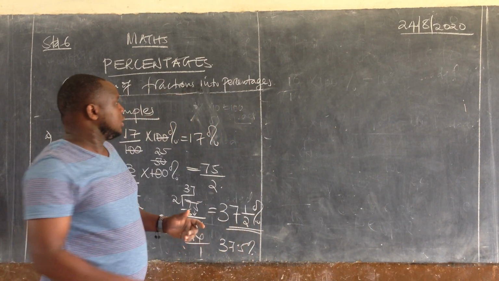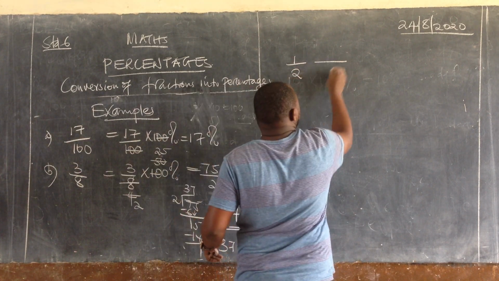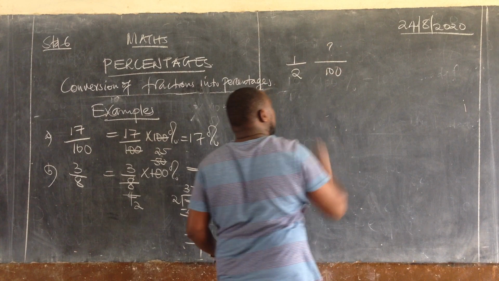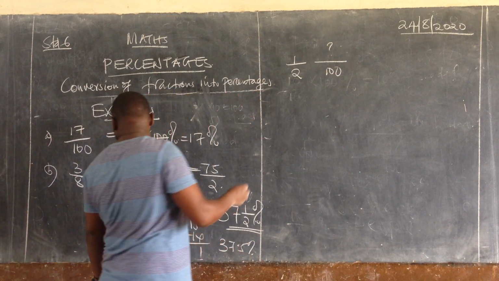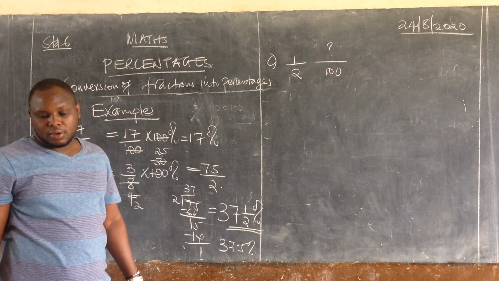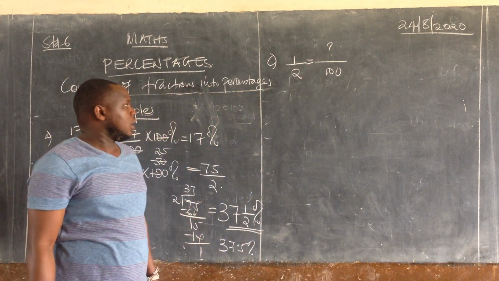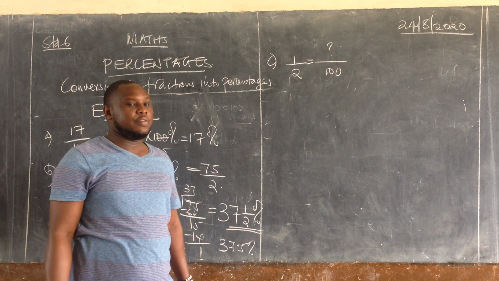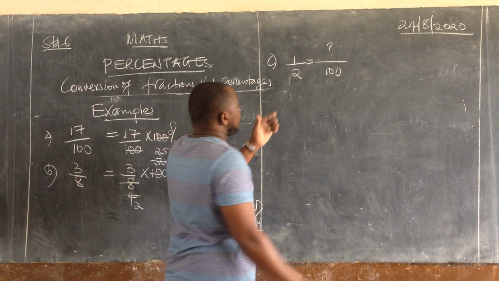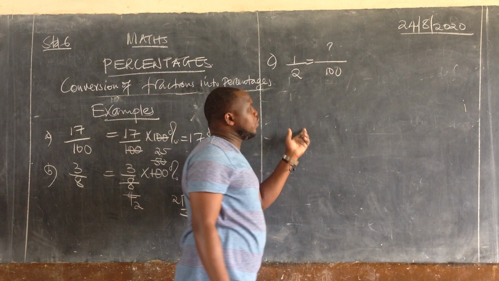Sometimes you can be told half. You can begin with half. Then you are given 100. And you ask what number will be put there to make that question correct. Now I understand we did equivalent fractions in class 5, and I told you that for you to be able to understand what number you put here, there are two ways of doing that.